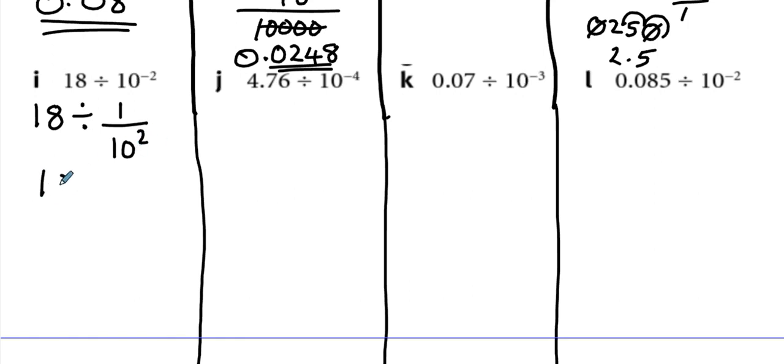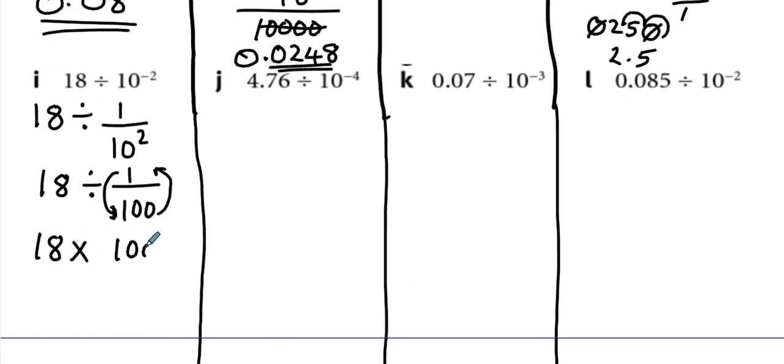So this is 18 divided by 1 over 100. Then do the reciprocal: 100 goes up, 1 goes down, and you have 18 times 100 over 1. When you do 18 times 100, the answer will be 1800.